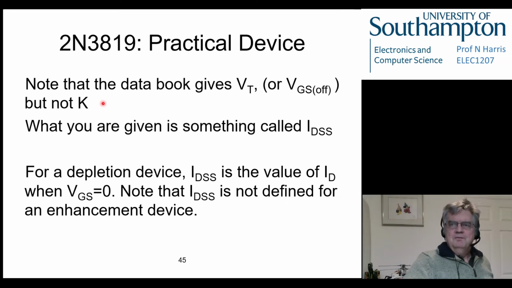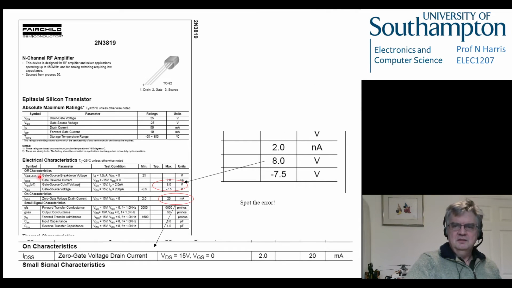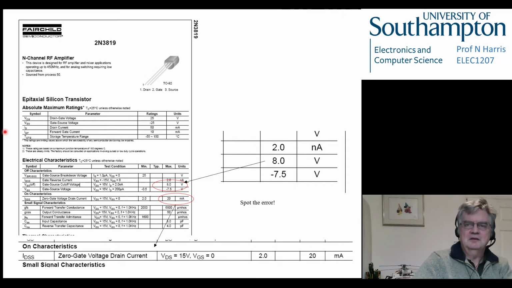Right, so note that the data book gives the threshold voltage, or VGS off, but it hasn't given us K. In this sheet here, there's no value of K for this JFET, and we've already said that K is quite an important parameter.